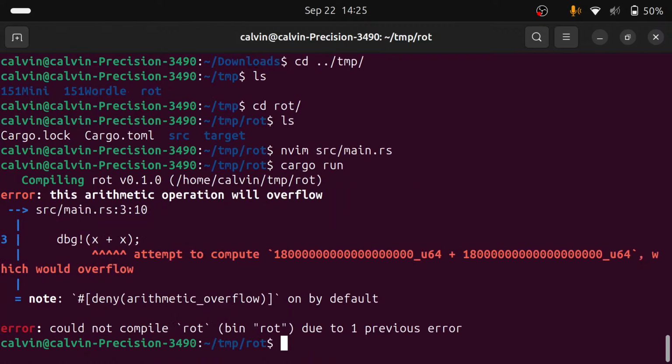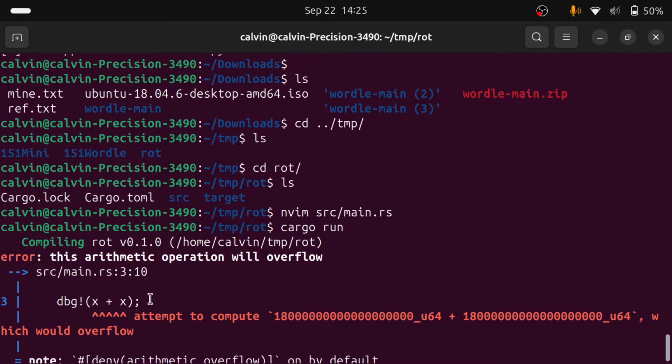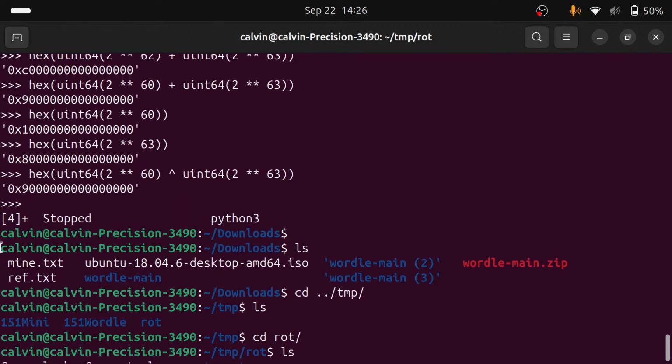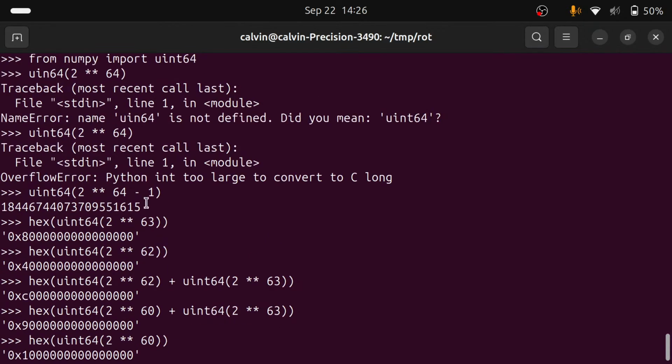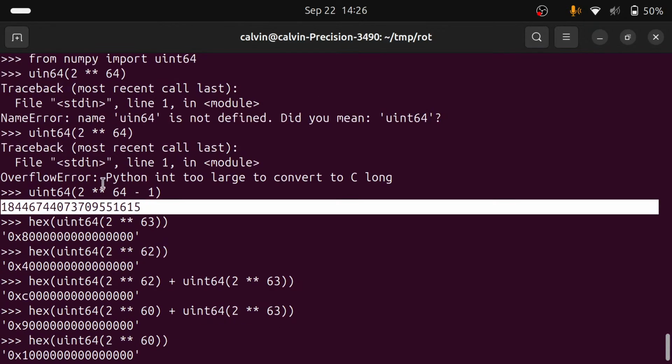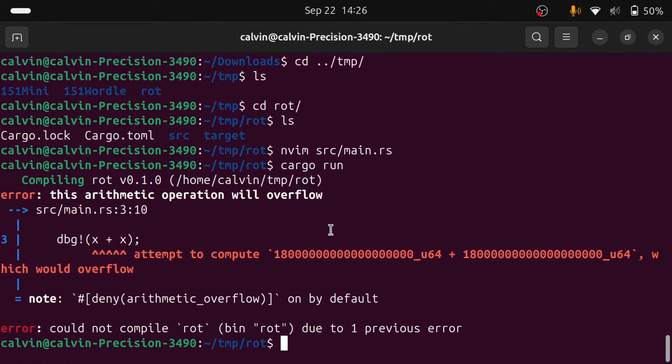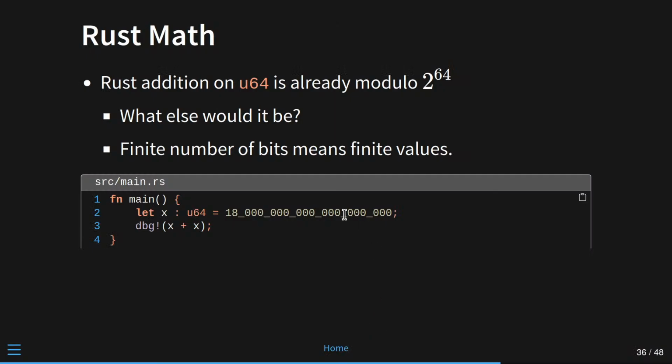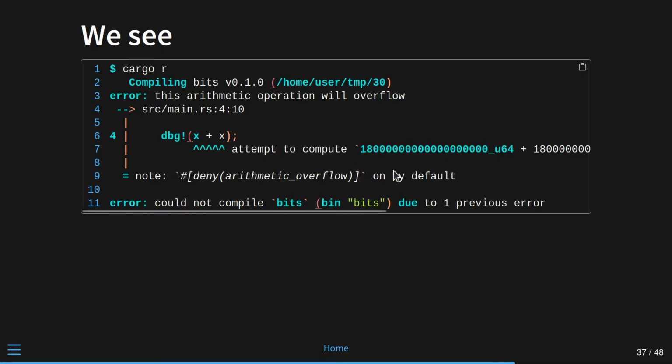So I'm not allowed to add these two numbers together because it causes an integer overflow. Why is that? This value, and I don't think it's particularly easy to see how big it is, is the same size as this value, which was 1 less than our overflow size on the 64-bit integer in Python. So I can't add those two things together, which means that I have only a finite number of values. Okay, this is banned.